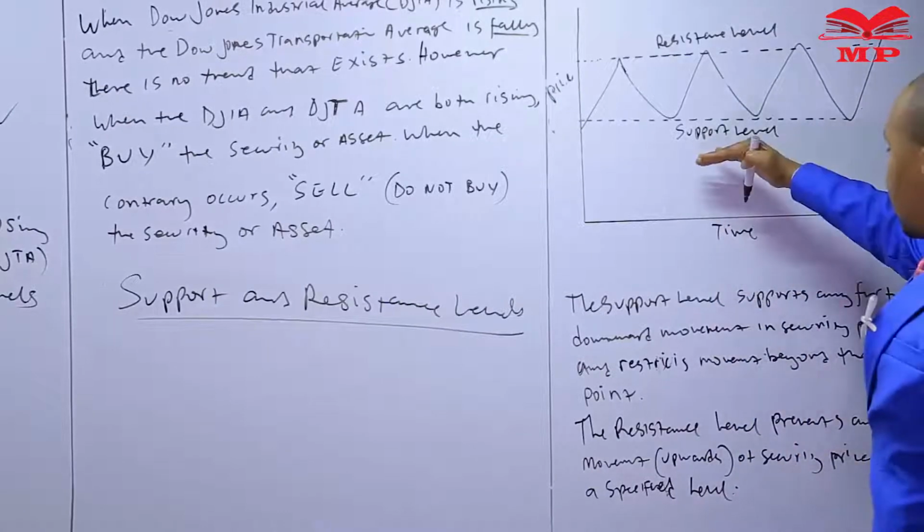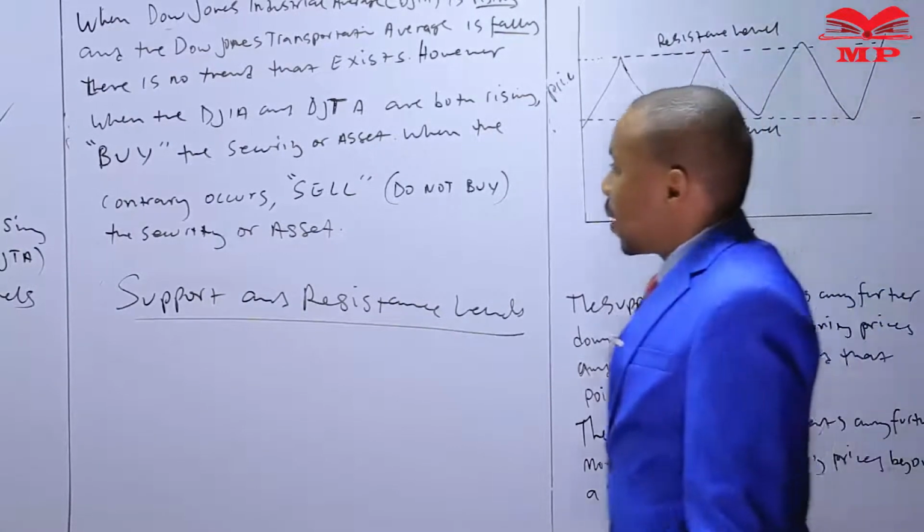There. So that is the support and resistance level explanation right there.